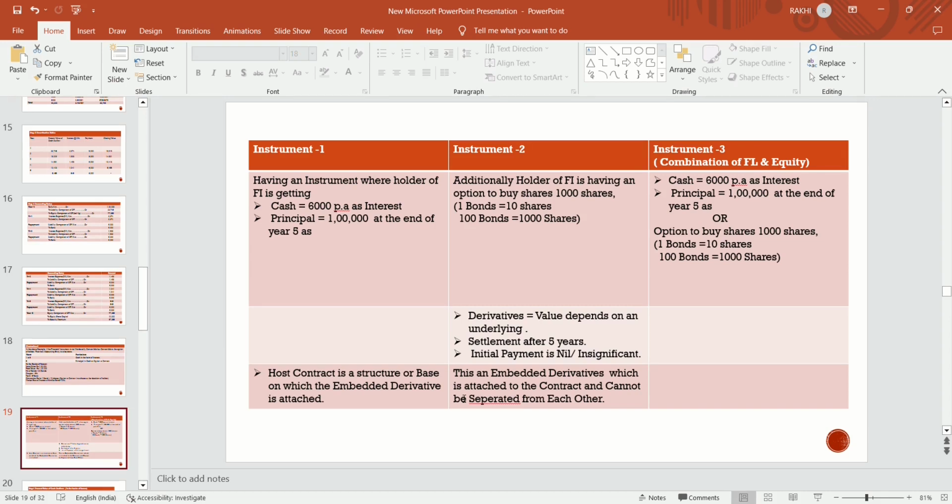So it is a financial asset in the books of A Limited, the holder, and a financial liability in the books of the issuer.